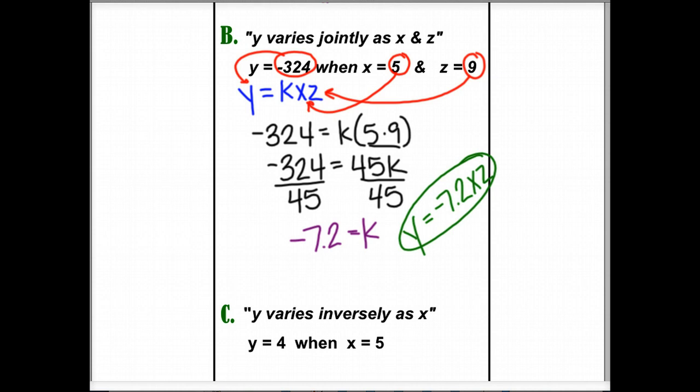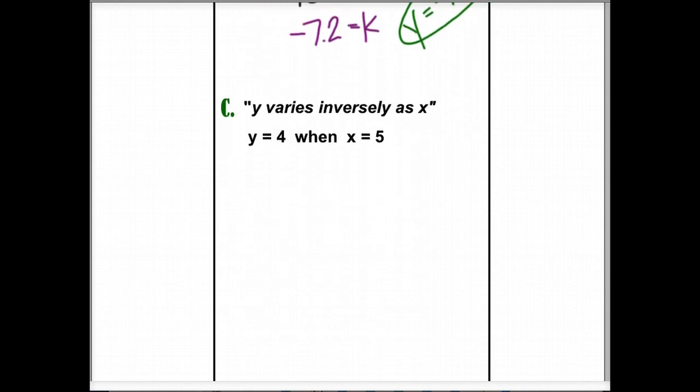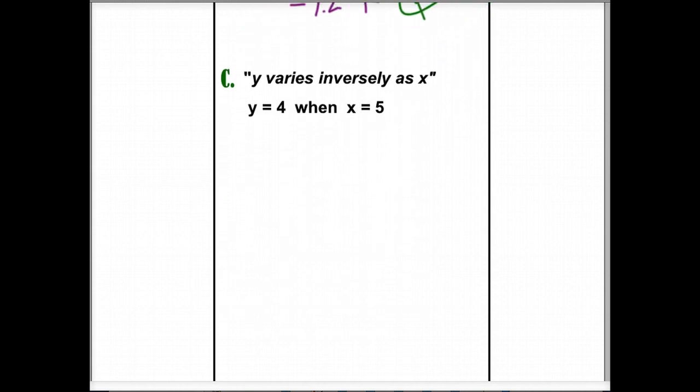Looking at our final example for this type of problem, we have y varying inversely as x with y equal to 4 when x equals 5. That means I'm going to use y is equal to k divided by x. So we substitute our values in, knowing that y equals 4 and x equals 5.